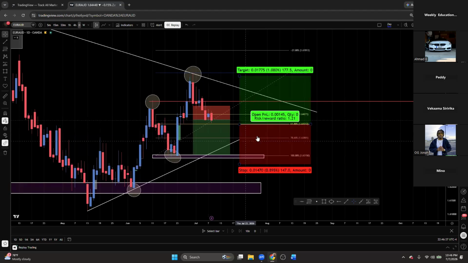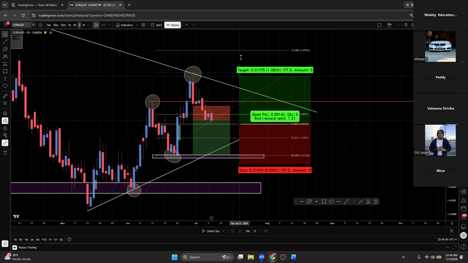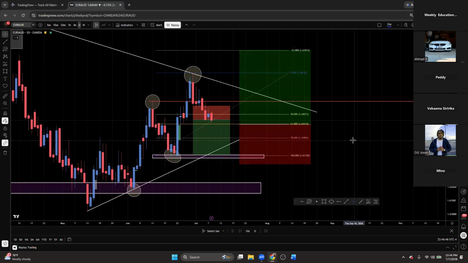So entering this trade, that's a 1 to 1.2, and then this right here is literally a 1 to 1.8. Would you take that trade based off the risk to reward? I hope everybody says no. I'll just answer it for you. Absolutely not. If it's not a 1 to 3, don't even bother.